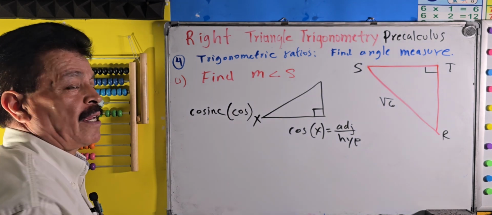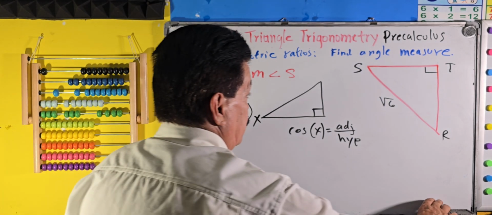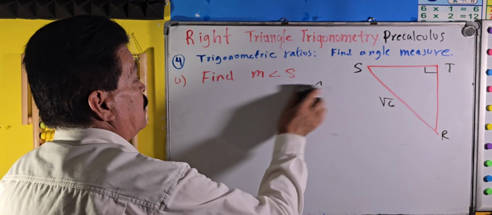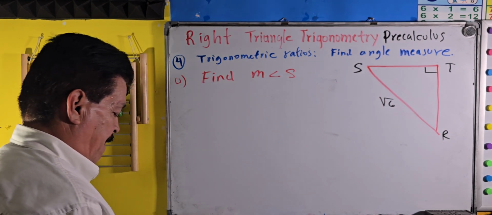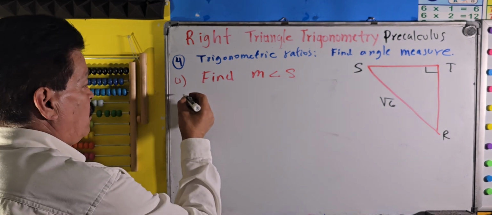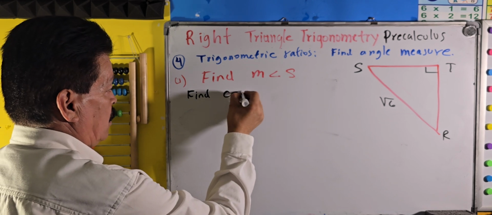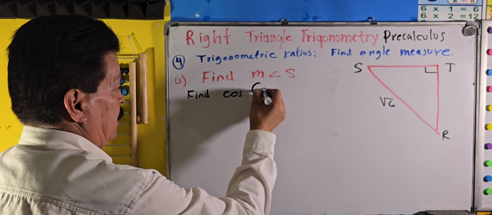This is the main idea that we have to know to solve this problem. All right. So the first step is to find the cos of S.